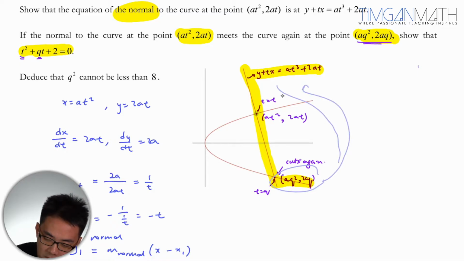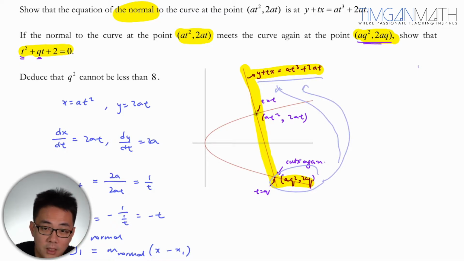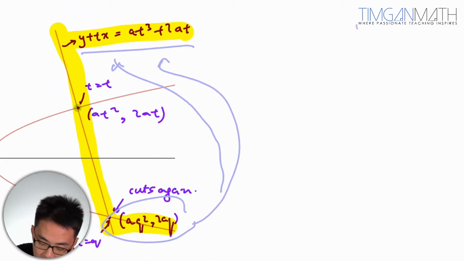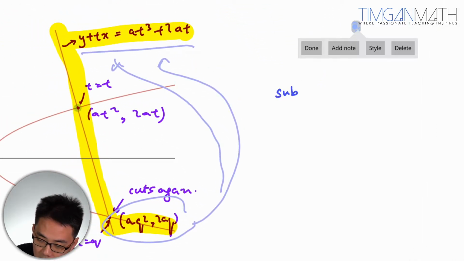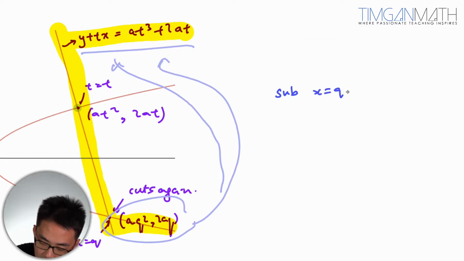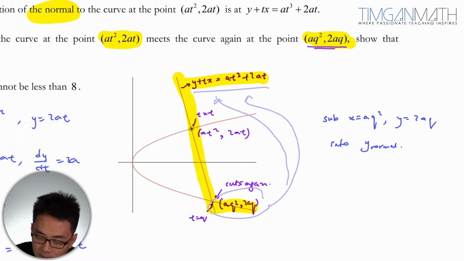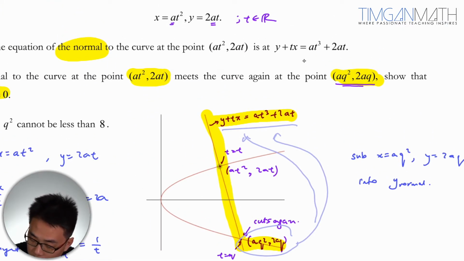So what you need to do is sub the point back in. In this case, we're going to substitute x = aq² and y = 2aq into the equation of the normal that you found just now, this one here.